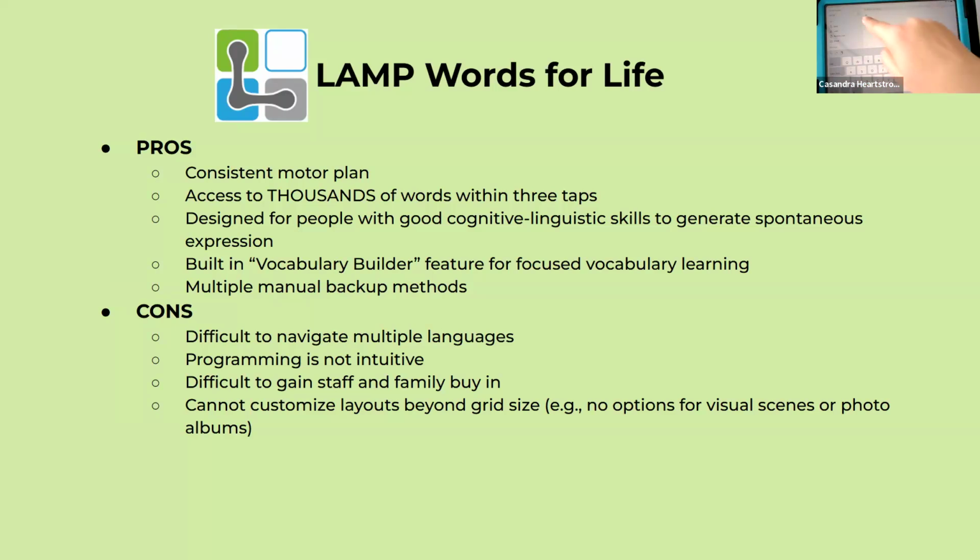I have like, go, and popcorn. And when you turn it on, now it's only going to show you popcorn, the pathways to those words. So you can really focus on learning specific words at a time, and then you can just toggle that off, and it goes back to your full page set.